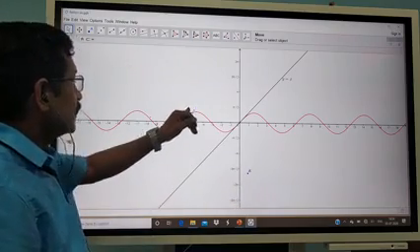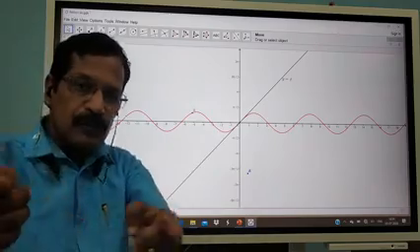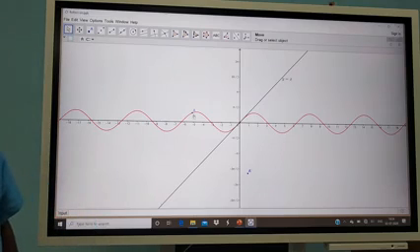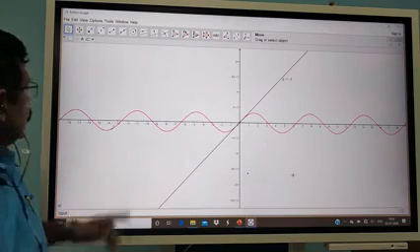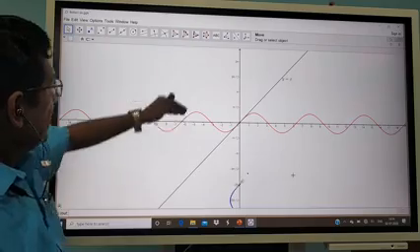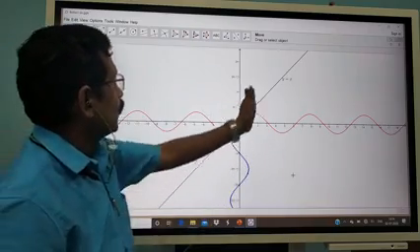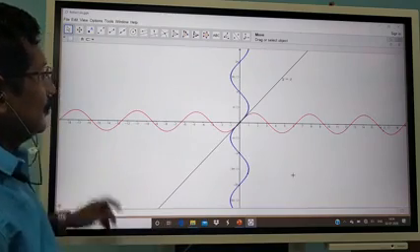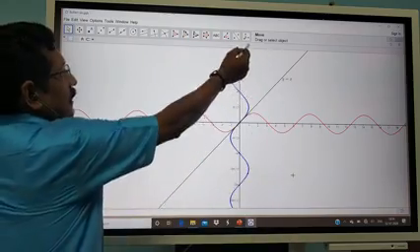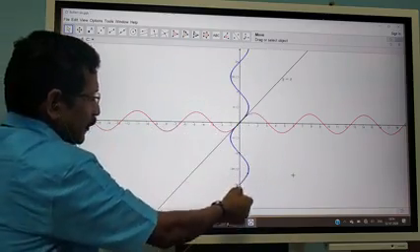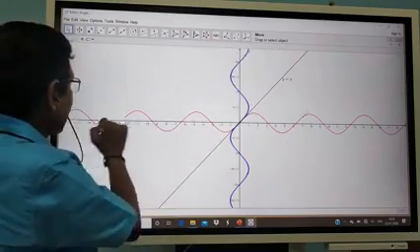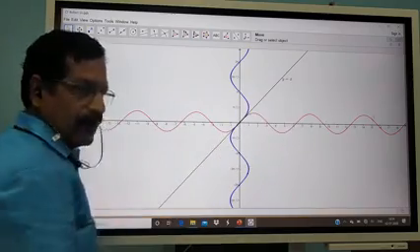Now if we move A, A dash also will move because it is a reflection. Let me see what will happen here. Now you can see that the point A is moving, so we get the point A dash also. See that. So this is the graph of sine inverse, and this is the graph of sine.